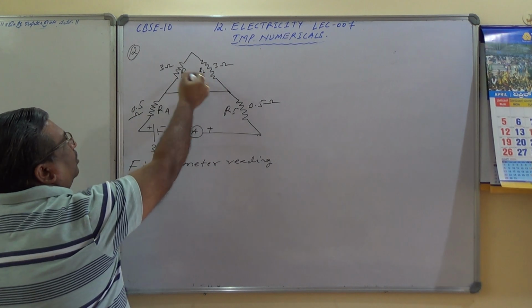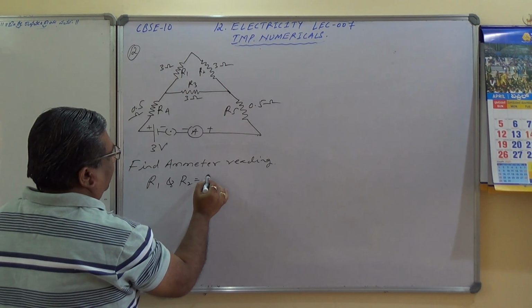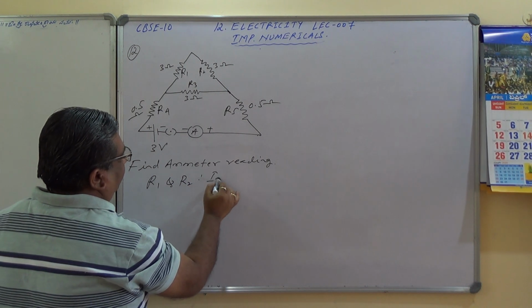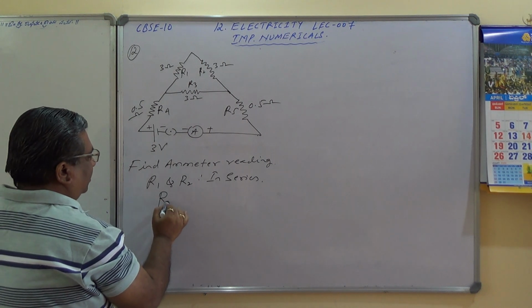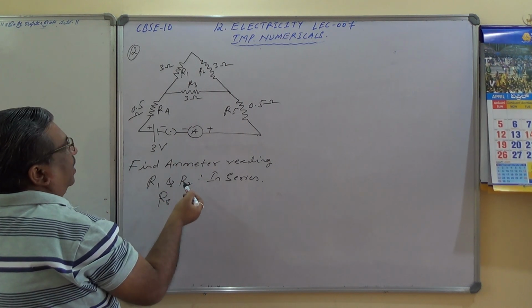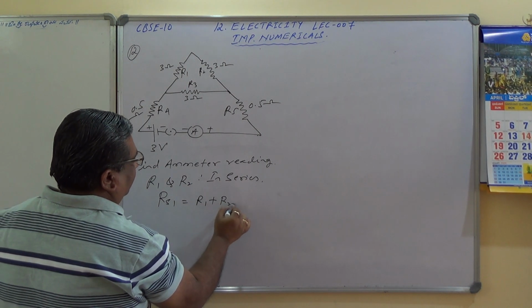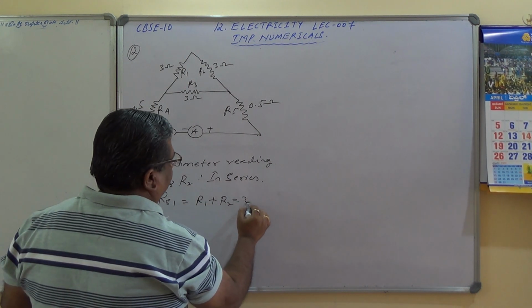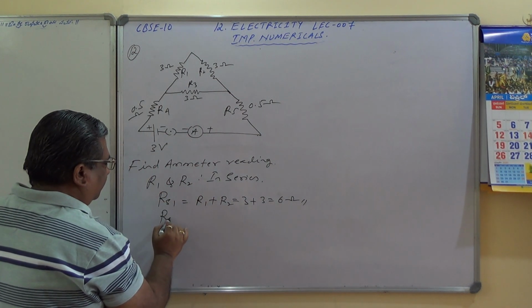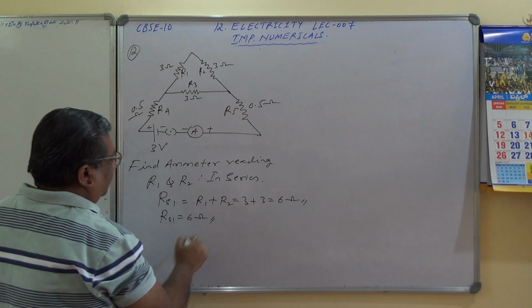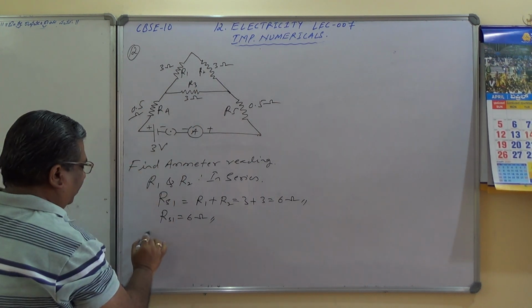Now R1 and R2 are in series. Therefore RS1 equals six ohms. This RS1 and this R3 are in parallel combination.